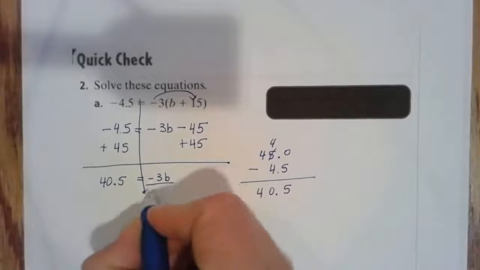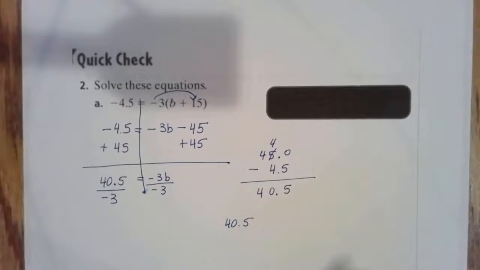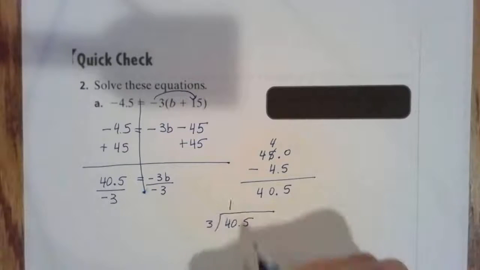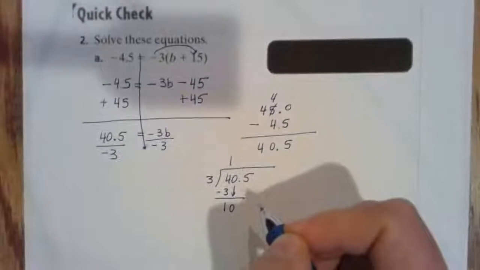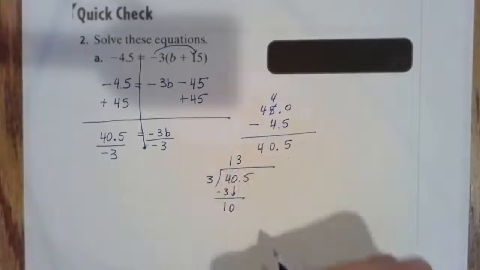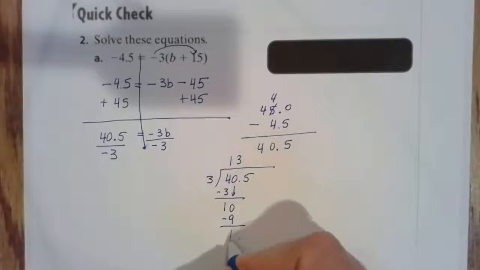Well, I guess I should write it this way. Which number goes in the house? The top number always goes in the house. Okay, how many 3's in a 4? 1. 1 times 3, 3. Subtract, 1, bring 0 down. How many 3's in a 10? 3. 3 times 3, 9. Subtract. That's 1.